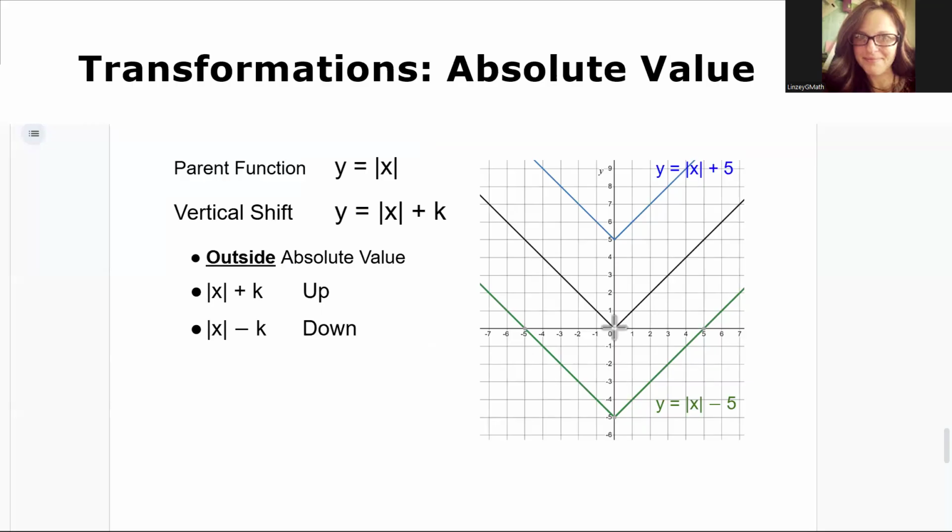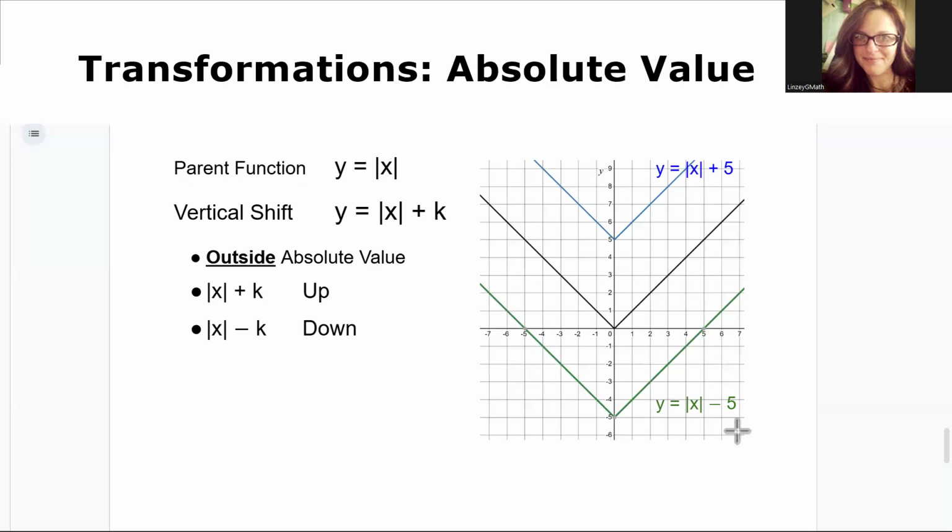For example, taking a look at our parent function, we see the vertex is shifted up 5 when we have plus 5 on the outside of the absolute value symbols, or down 5 when you have minus 5 on the outside of the absolute value symbol.